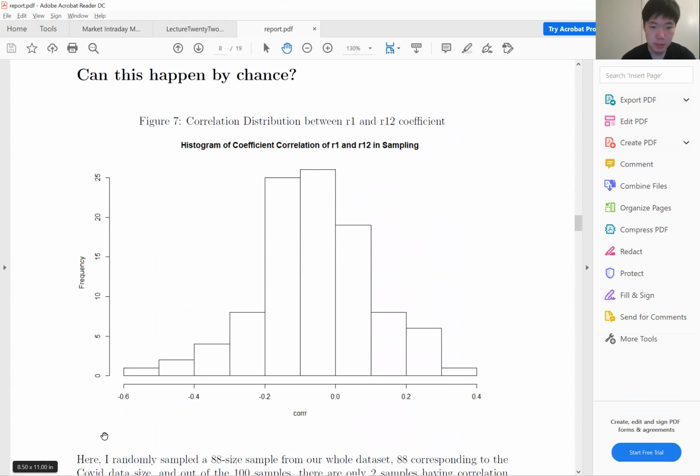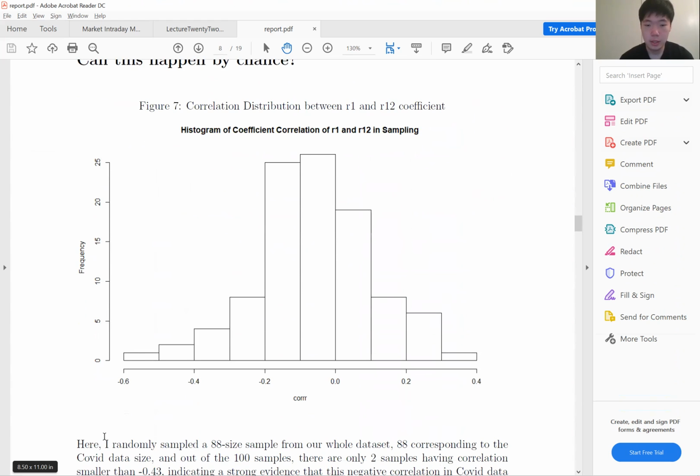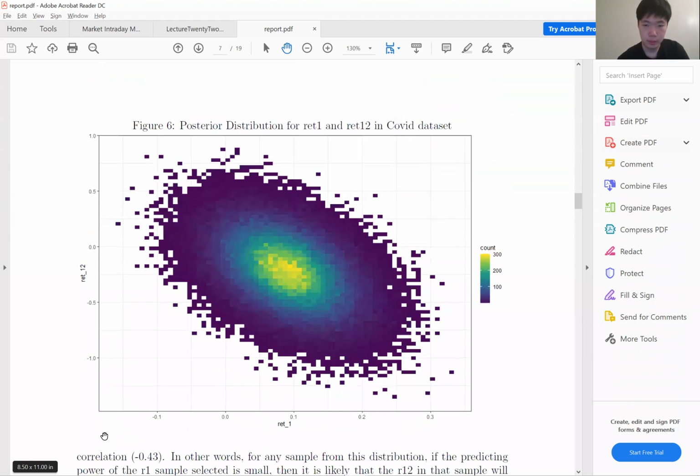I randomly selected 88 samples from our whole data set, and out of 100 samples, only 2 of them showed a correlation smaller than negative 0.43. So this negative correlation between the coefficients of R1 and R12 in the COVID dataset cannot happen by chance. This has to be due to some impact of COVID on the market.